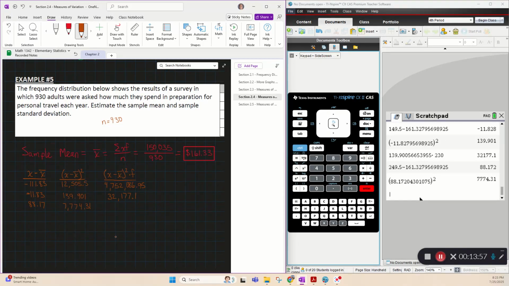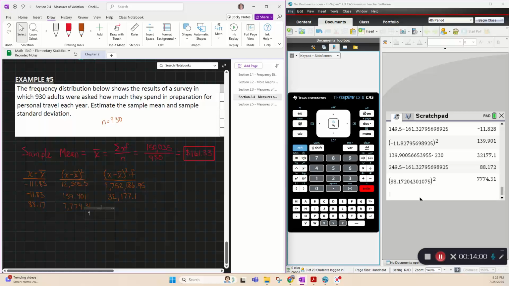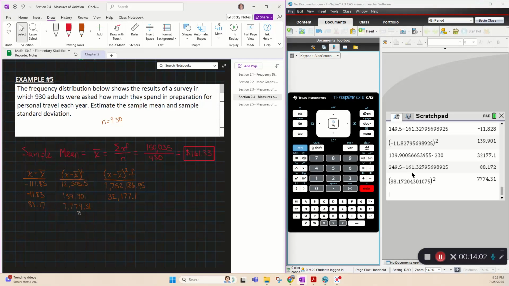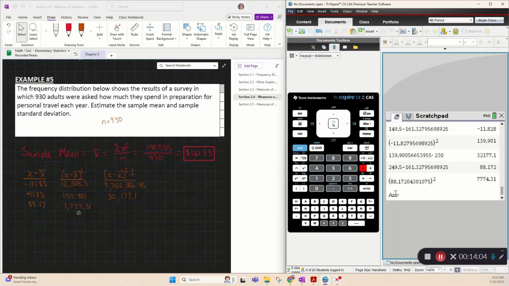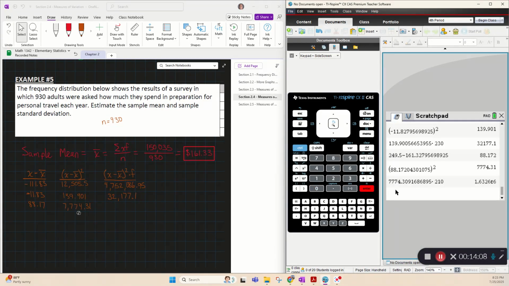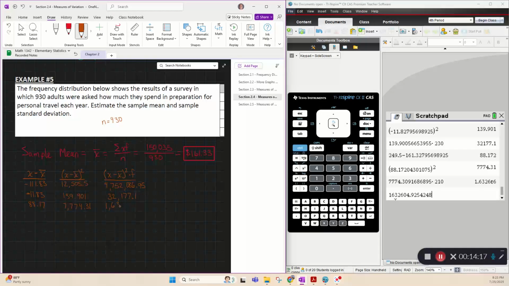I'll times it by its frequency. So that frequency was 210. That's going to be a big number, then I need to see the whole thing. So 1,632,604.93.